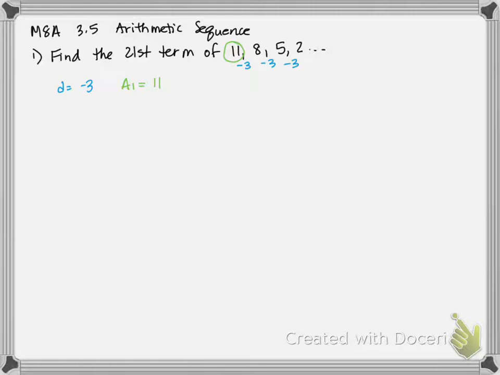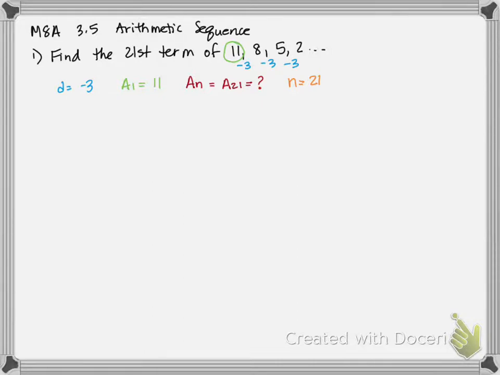So this is the mystery number, the A sub n number. And that tells me that my n is the 21st number. So we're going to pretend that our list of numbers would end at this 21st number.